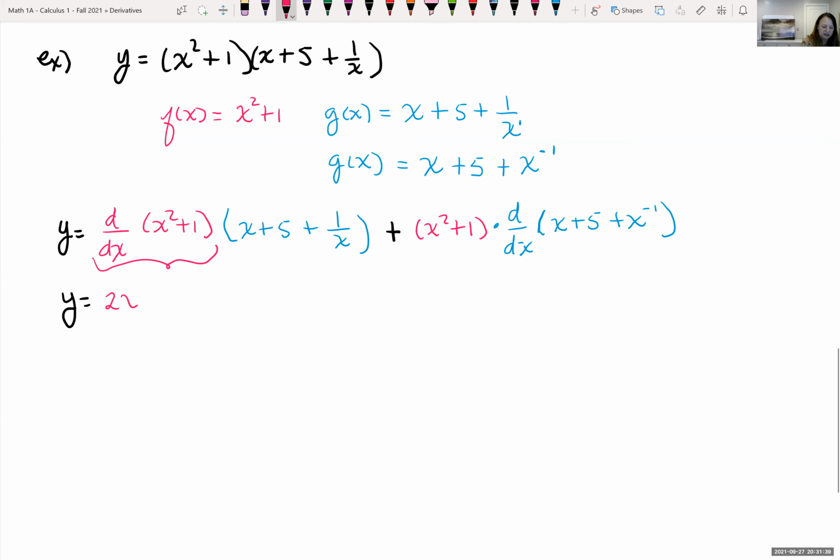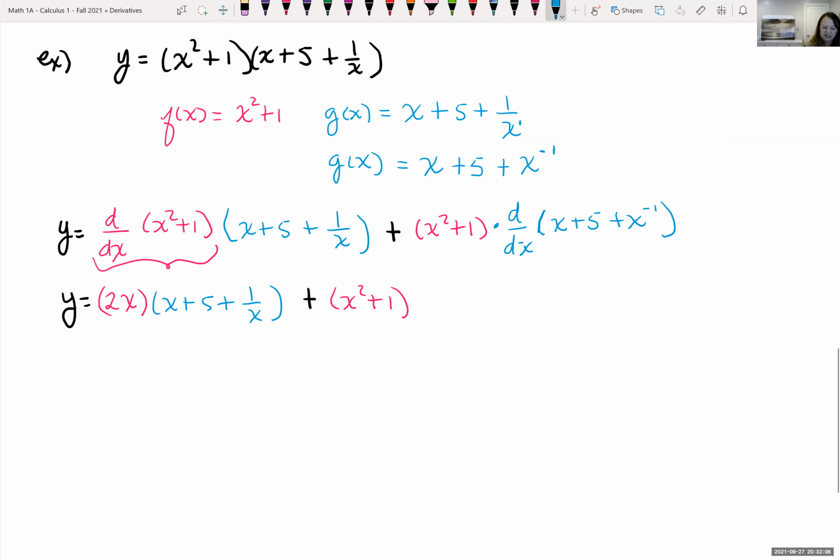So that's 2, subtract 1 from our power, so that's just 2x. Plus the derivative of 1, which is just 0. So it's the first times the second, x plus 5 plus 1 over x. Plus the first, which is x squared plus 1.